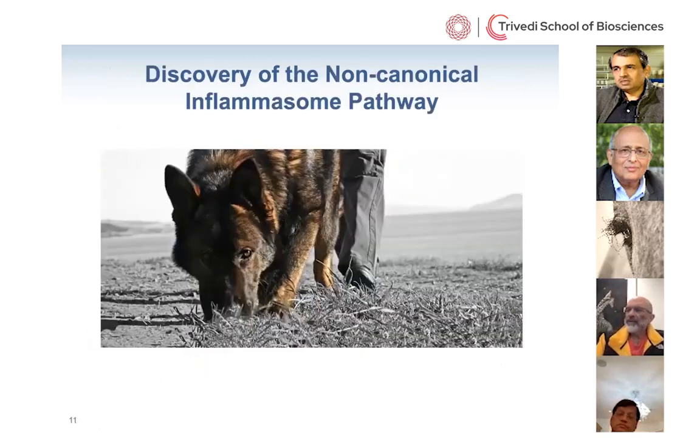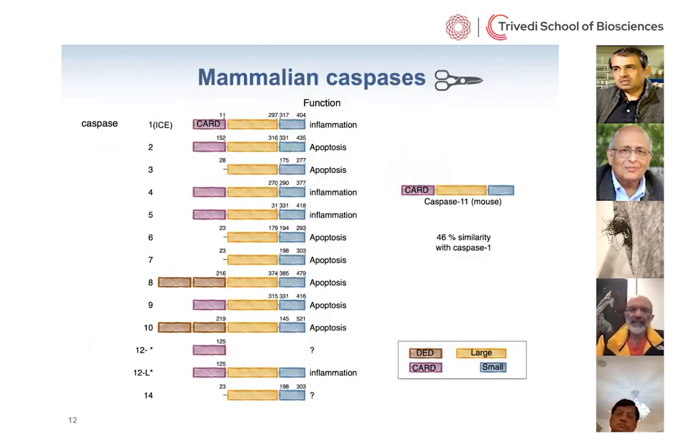Now, a few years ago, in 2011, we discovered a new pathway, the non-canonical inflammasome pathway. And I'm going to tell you about that. So if we look at this family of molecular scissors that are related to interleukin-1 converting enzyme, termed the caspases, there are a dozen or so.